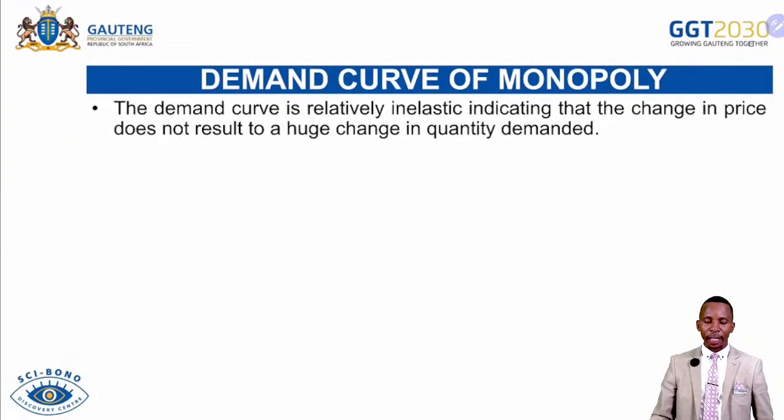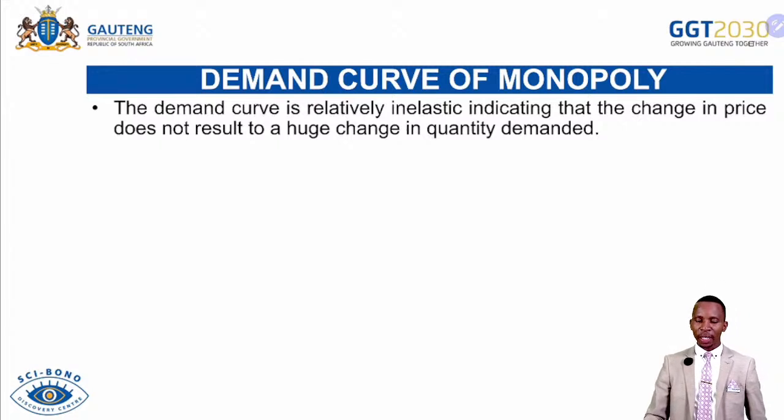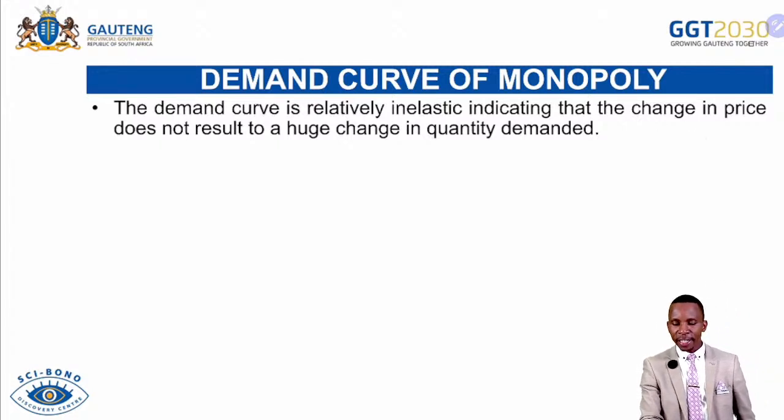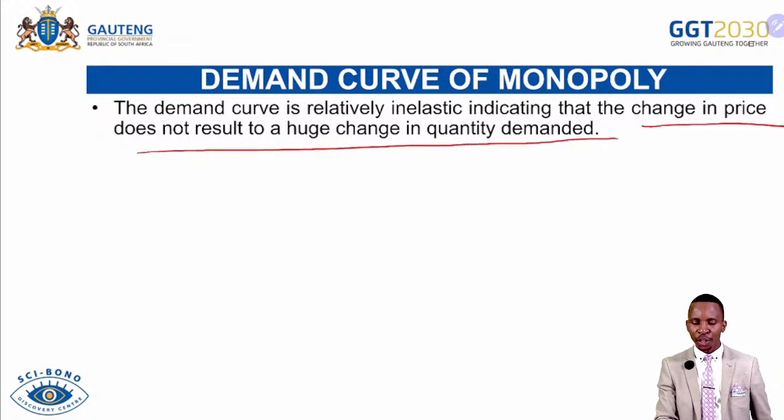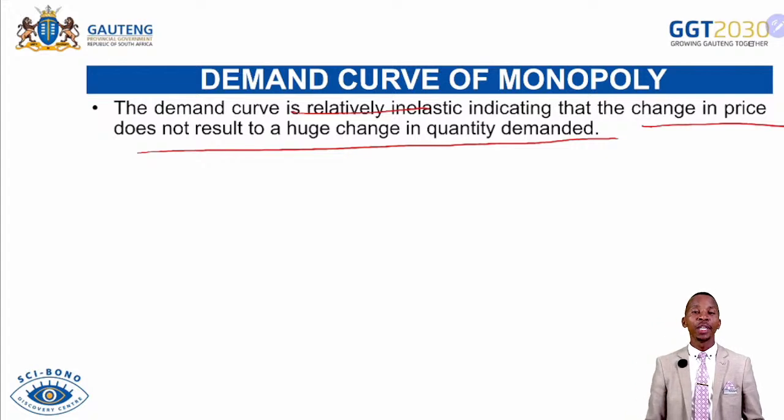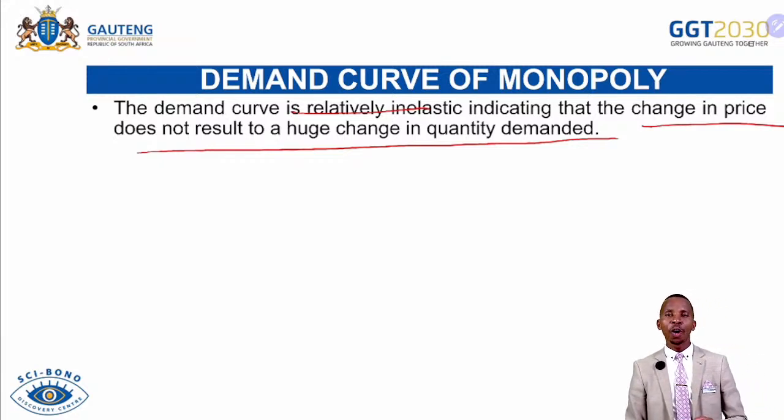And then the demand curve slopes downward, indicating that a change in price does not result in a huge change in quantity demanded. So it is relatively inelastic. The demand curve for the monopoly is relatively inelastic, meaning it has a steep slope, indicating that a change in price for the firm does not result in a huge change in quantity demanded. Why? Because there's only one supplier of the product.